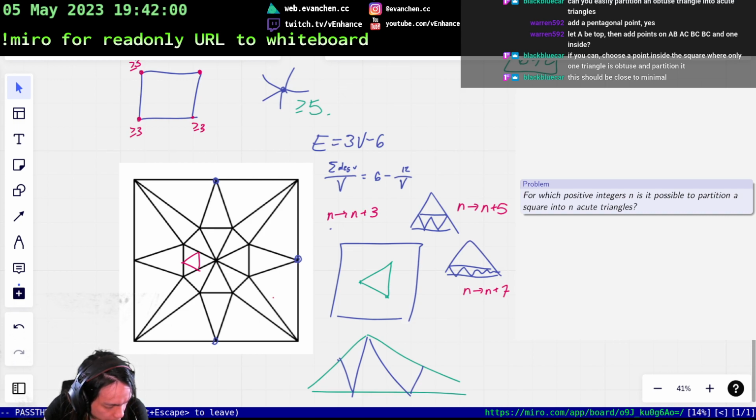AB top, then add points on AB, AC, BC, and one inside. Oh yeah, I agree that works.